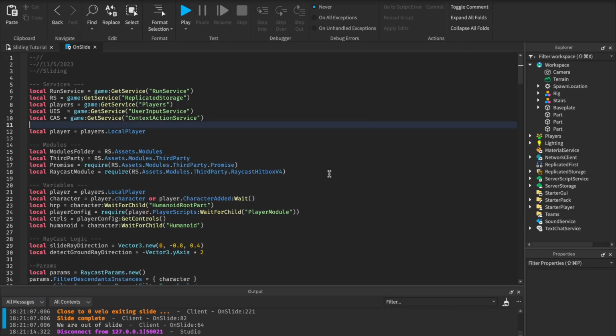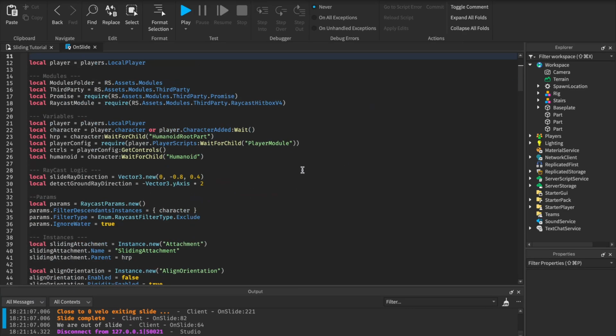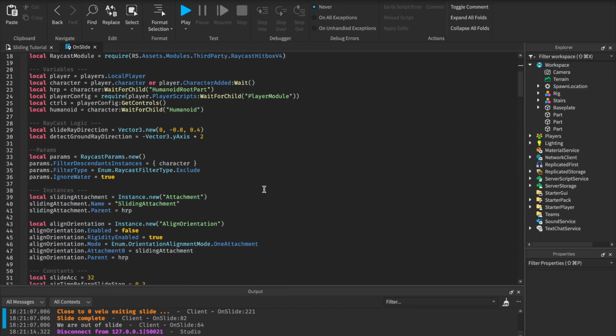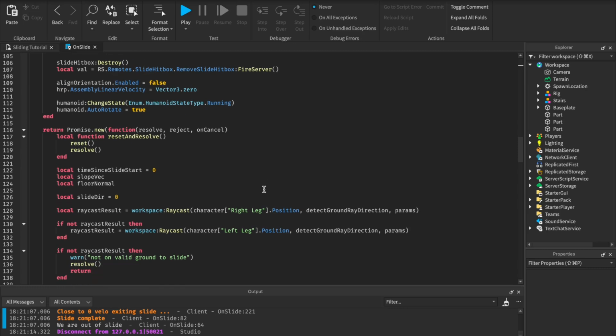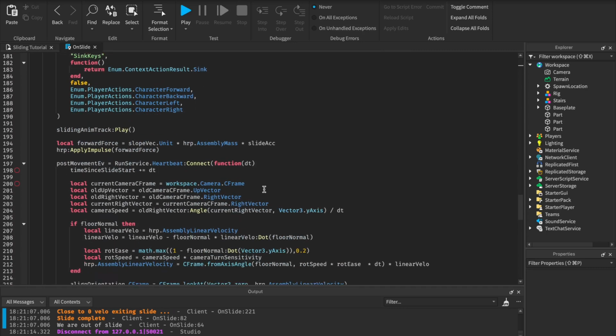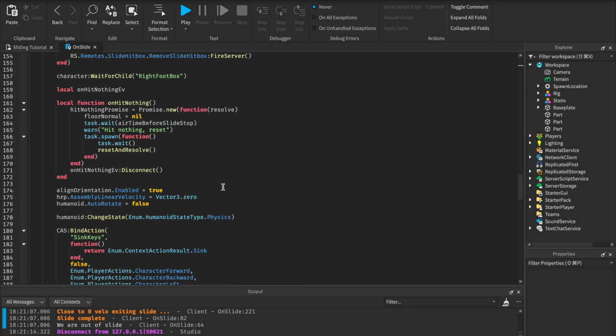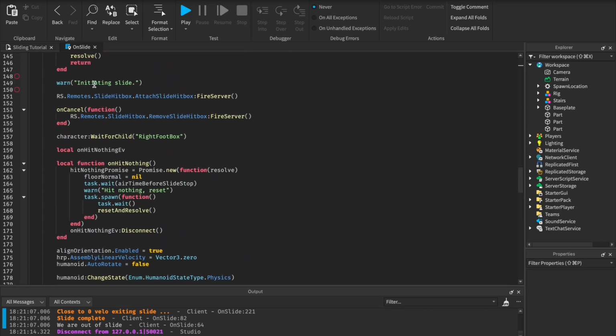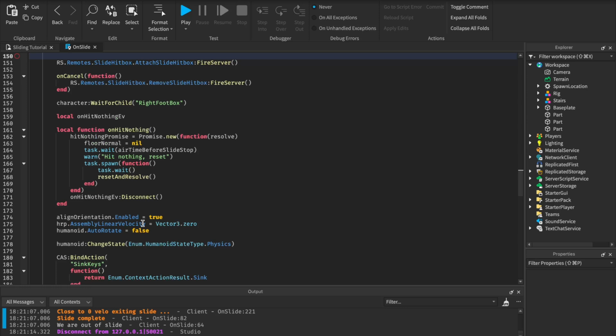Okay, so I'm going to discuss the changes I made to the initial sliding script to make this rotation possible. So the first thing you should note is when we have initiated the slide, one of the things I do is I disable humanoid auto rotate. This is because when you're in shift lock mode, normally when you turn the camera, that also rotates the character, the direction the character is facing.